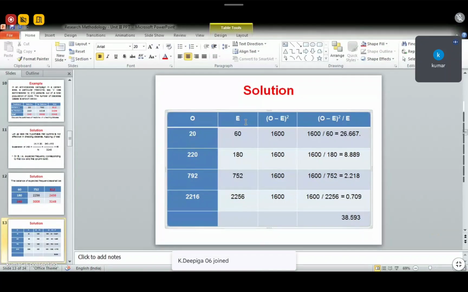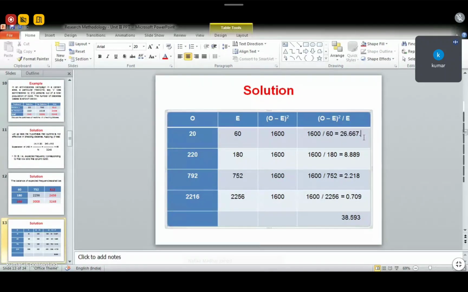Then the difference is minus 40, plus 40, minus 40, so plus 40 like that. So this 40 square is 1600, whether it is minus or plus, square it up, 1600. So this 1600 in the first row is divided by the corresponding expected frequency 60. 1600 by 60, you will get 26.667.